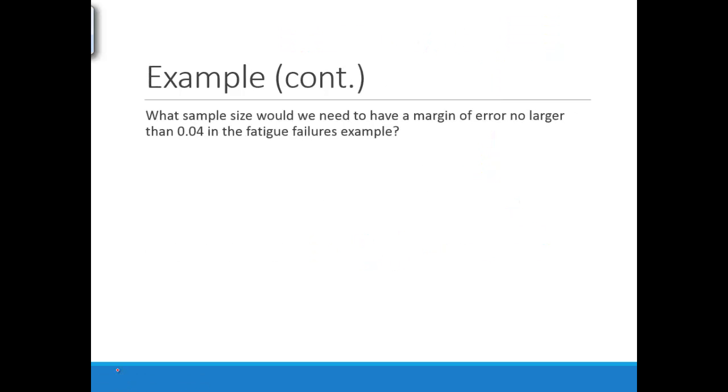Okay, so finishing up that previous example, what sample size would I have needed to have a margin of error of no more than 0.04 in the fatigue failures example? So again, I want my margin of error E to be no more than 0.04.